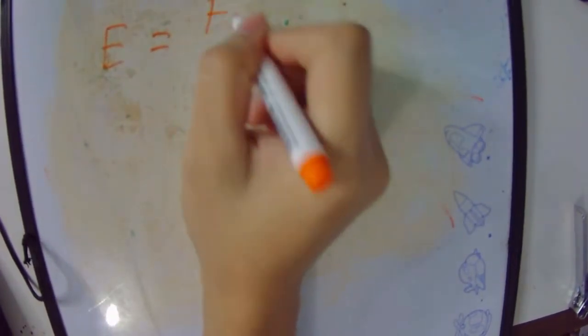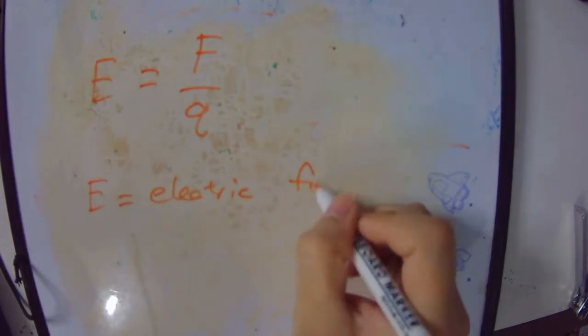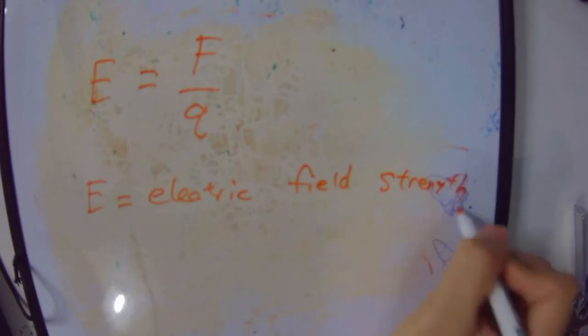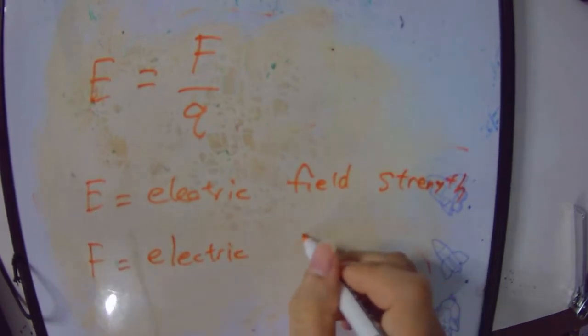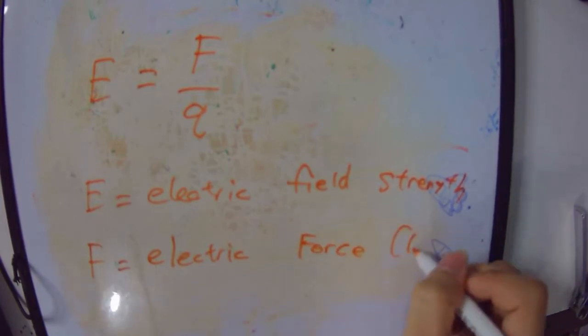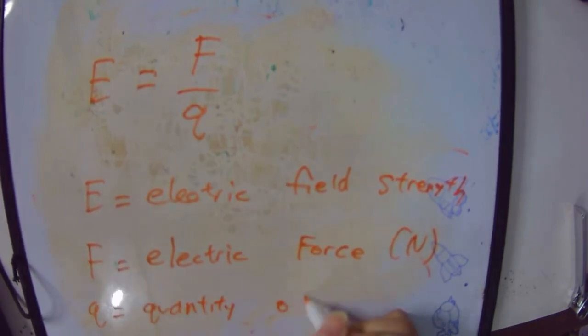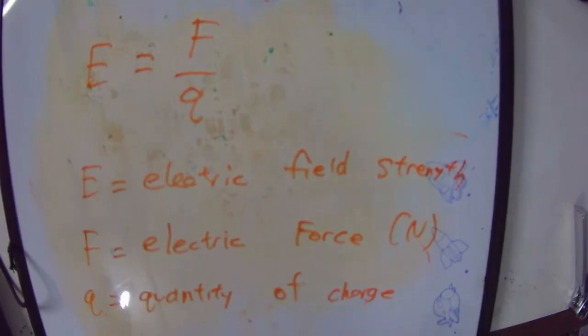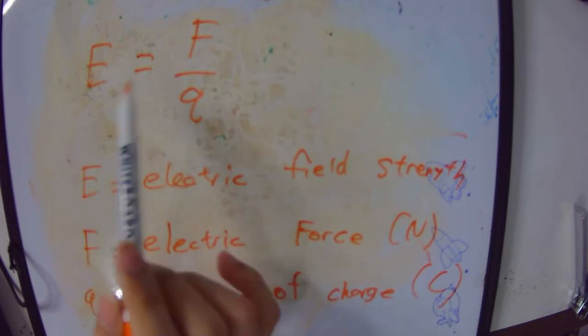E equals F over Q. So remember, E equals electric field strength, F equals the electric force in newtons, and Q is the quantity of charge, which will be in coulombs, or C. So the normal formula is E, electric field strength, equals F over Q.